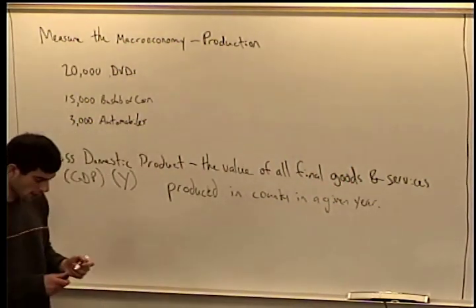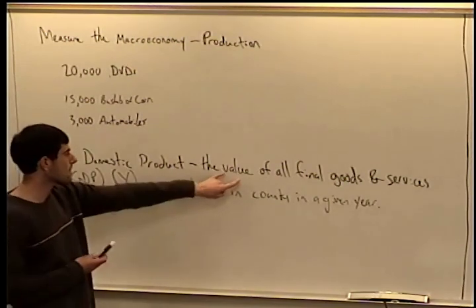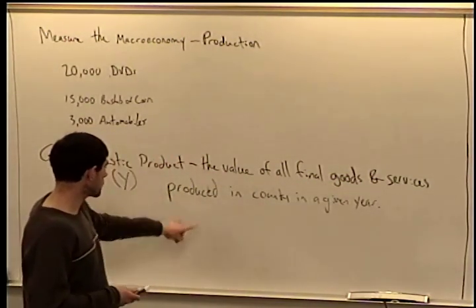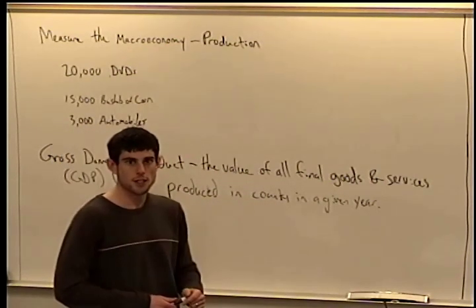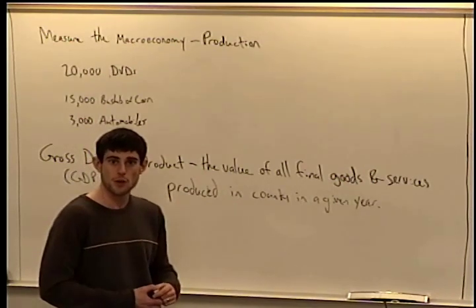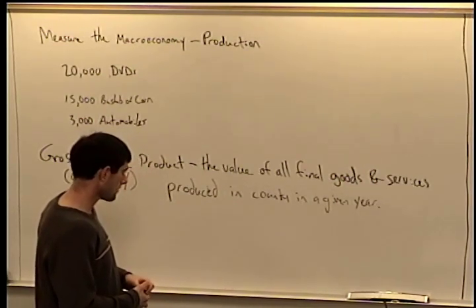Okay, so a couple of key words here. We're looking at the value, and we have final goods and services, and it's produced in a country. So if it wasn't produced in the US, it's not going to be counted as part of US GDP. Okay?